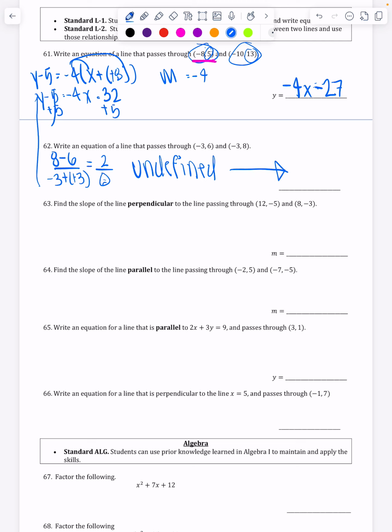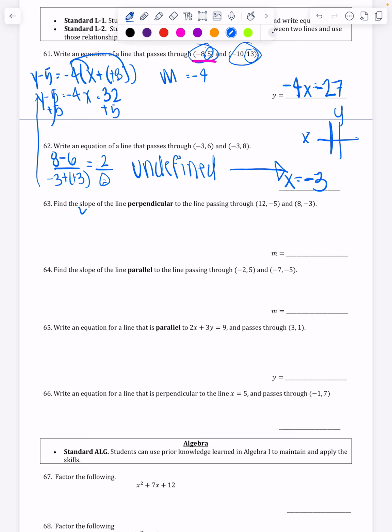So an equation of a line that passes through this point, you could just say your x value, right? Because it would be going straight up and down. And you could pick just x equals -3. That would be the equation of your line.